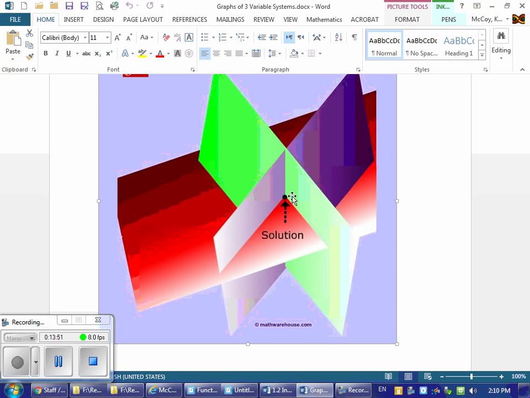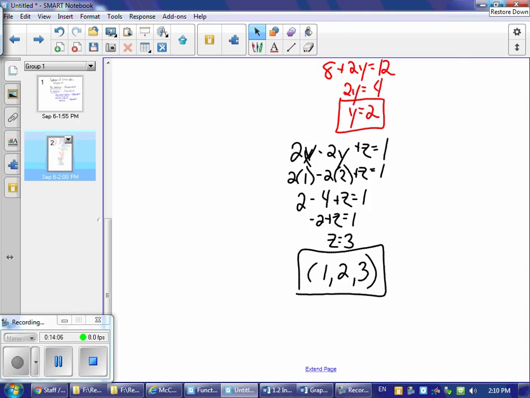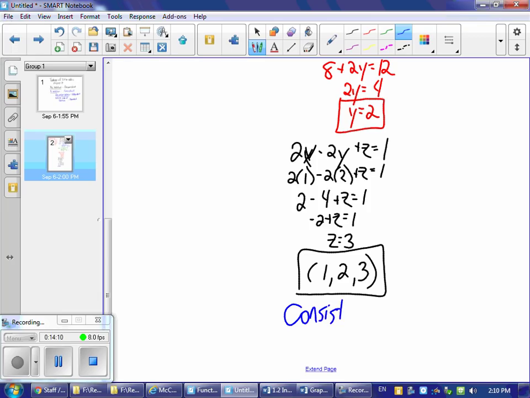It would look something similar to that. So graphically, that's what it looks like to have one solution, which again is consistent and independent. That is a consistent, independent solution. So let's write that down here. This is consistent, independent.